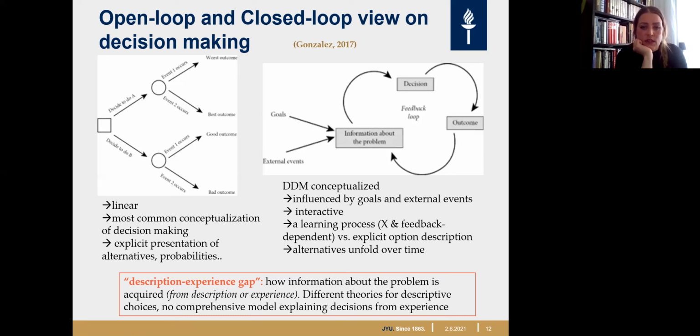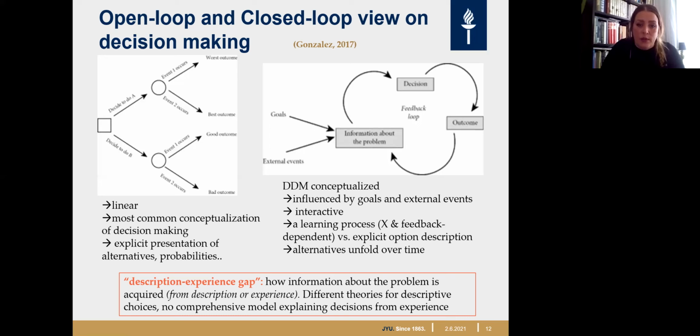There are differences whether it is acquired from description or experience. Similarly as cognition and affect are usually seen as dichotomic ends of one continuum, even though they are highly intertwined, the same applies to these studies on decision-making processes, which are usually considered as being in a dichotomical relationship.